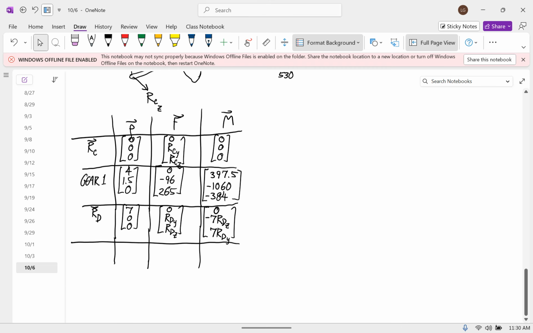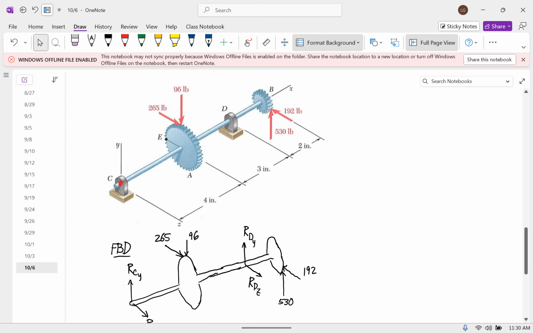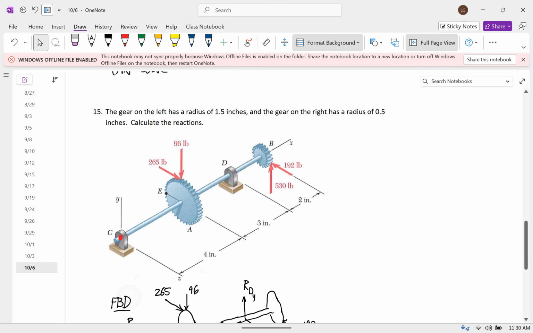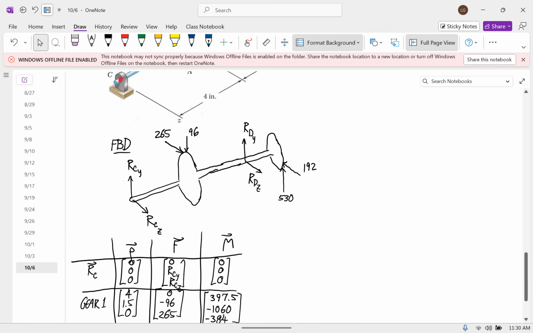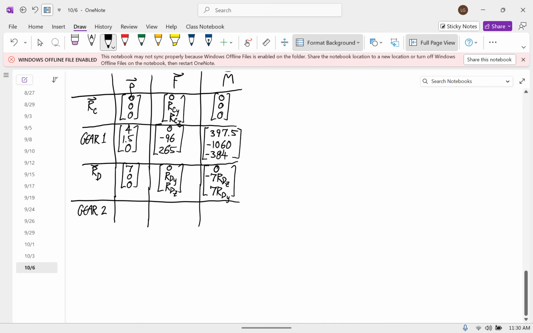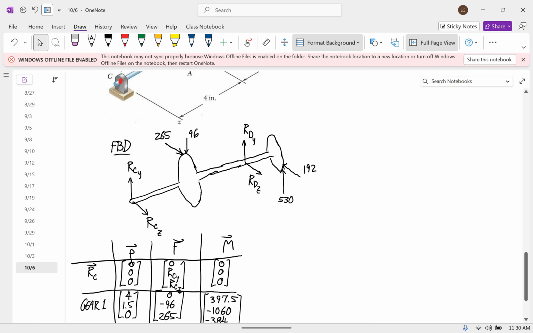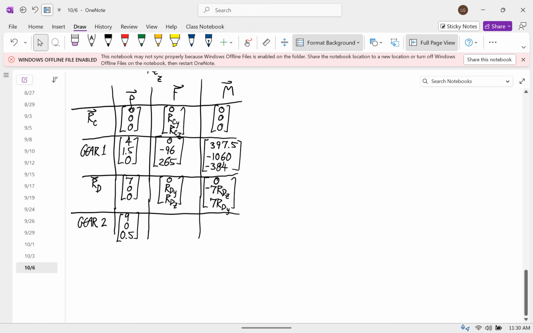And then the last one is gear 2. The location of that force is 9 in the positive x, and then 0.5 in the positive z. So 9, 0, 0.5 is the row vector. The force vector is 530 in y, negative 192 in z.